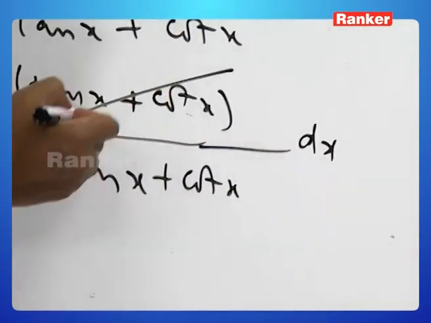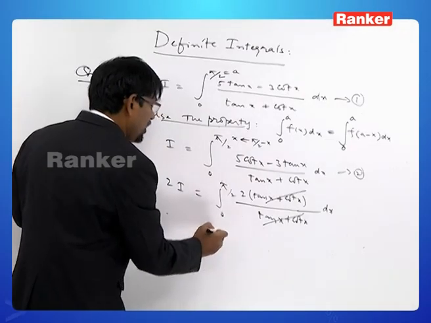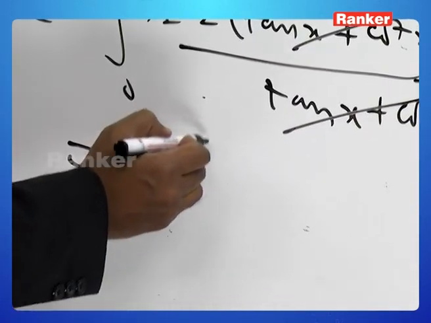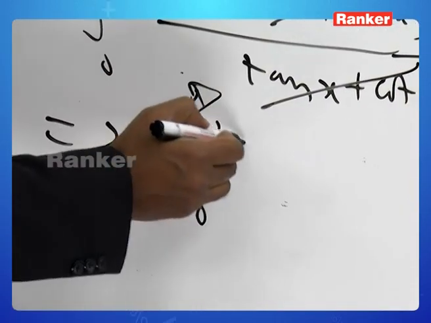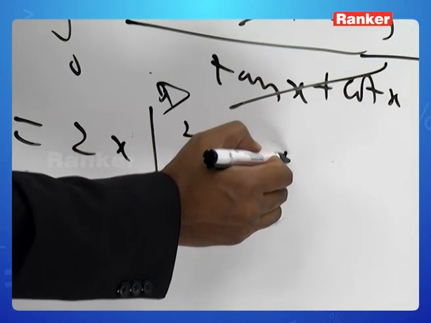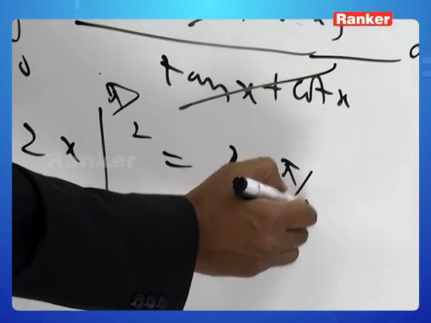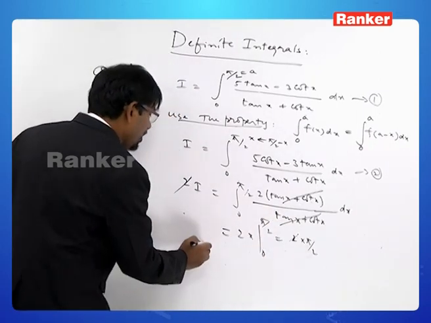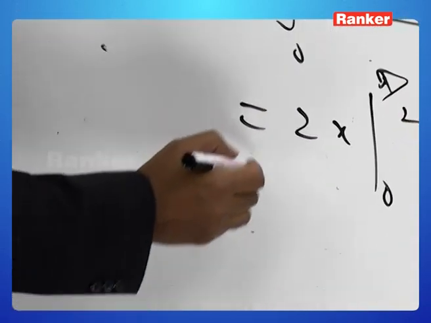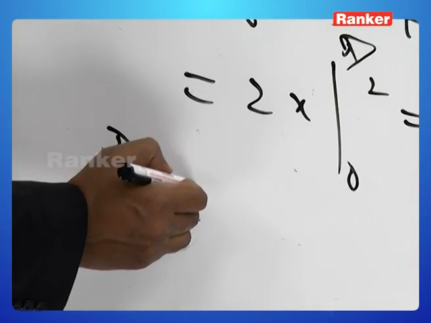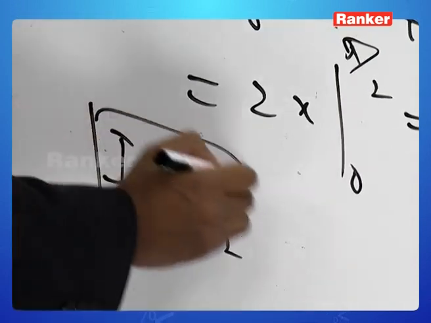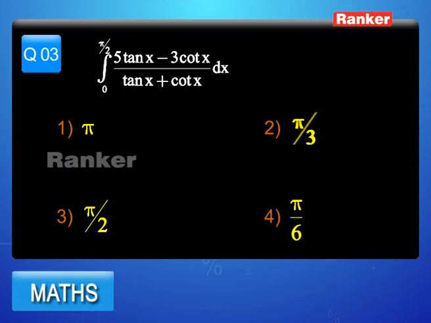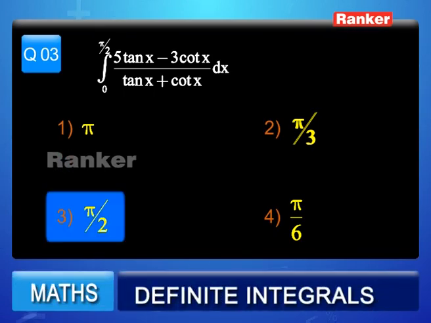So clearly this cancels, and we have here 2, and that is 2x from 0 to pi by 2, that is 2 into pi by 2, and 2I is 2 into pi by 2, so therefore I is equal to pi by 2, and that's clearly seen in option 3. So answer is option 3.